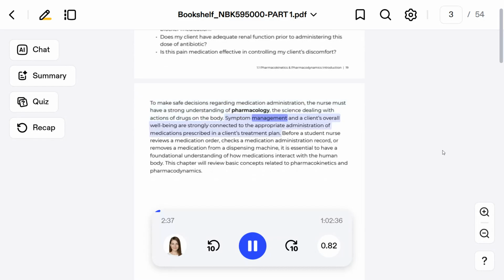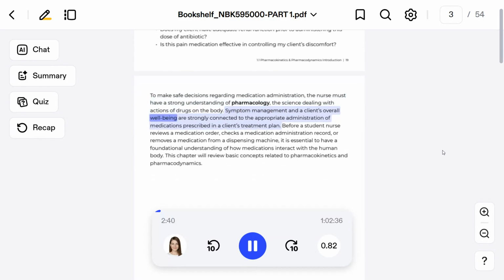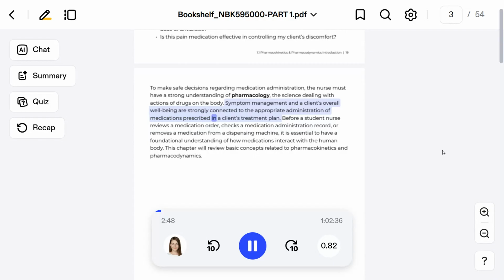Symptom management and a client's overall well-being are strongly connected to the appropriate administration of medications prescribed in a client's treatment plan.